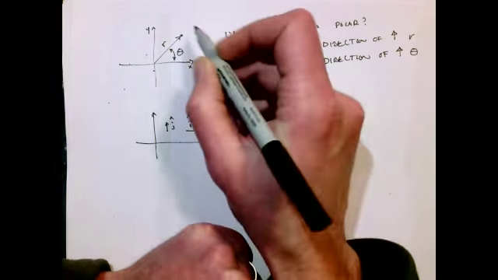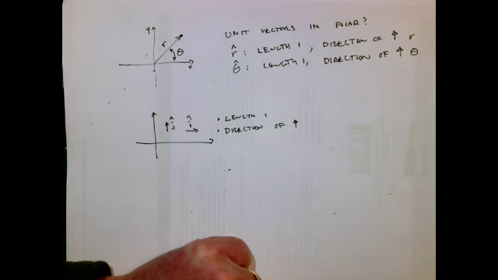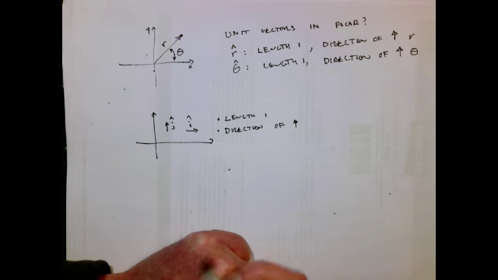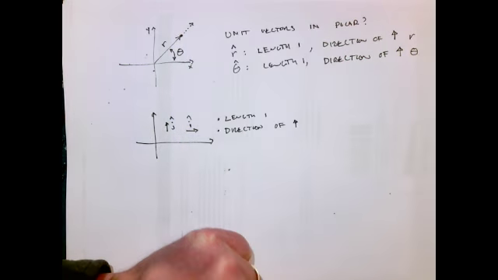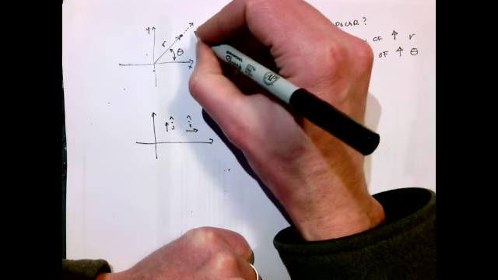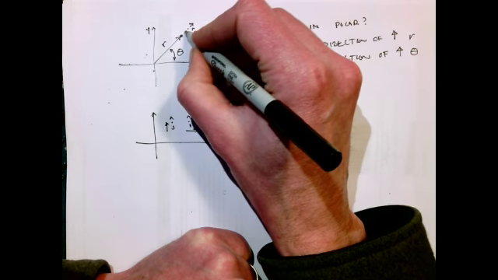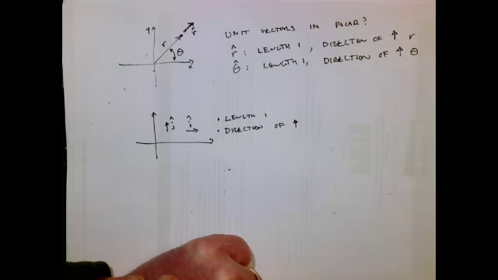So if we look at this particular point right here, and we ask what direction we will need to walk in to increase r, or the magnitude of the vector? Well, we need to walk in that direction, right? So this would be the direction of r hat. r hat would be a vector of length 1 that points away from the origin.